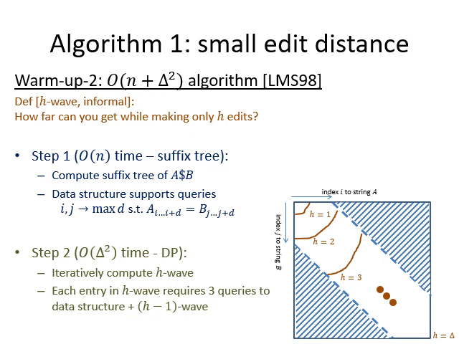Step 2 is a simple dynamic programming algorithm that iteratively computes the next h-wave. Each entry in each h-wave requires 3 queries to the suffix tree data structure and to the previous h-wave.